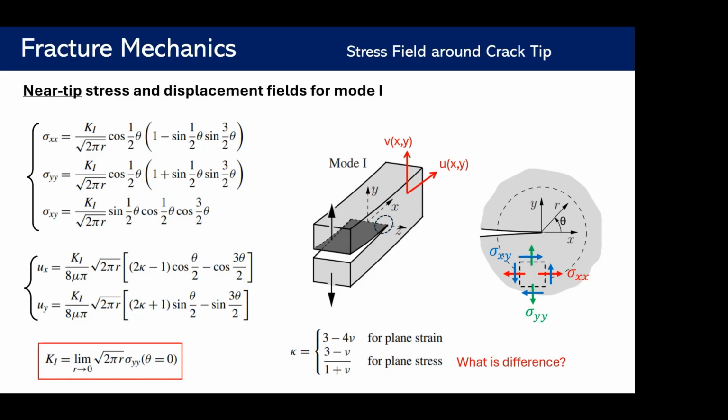But the final stress field around the crack tip has the same functional form. We have the f theta, which for the first mode is the same always. The function of f theta is the same. And again, this is f theta, for example, for sigma xx. And also we have 1 over the square root of r. The square root of r is always there.